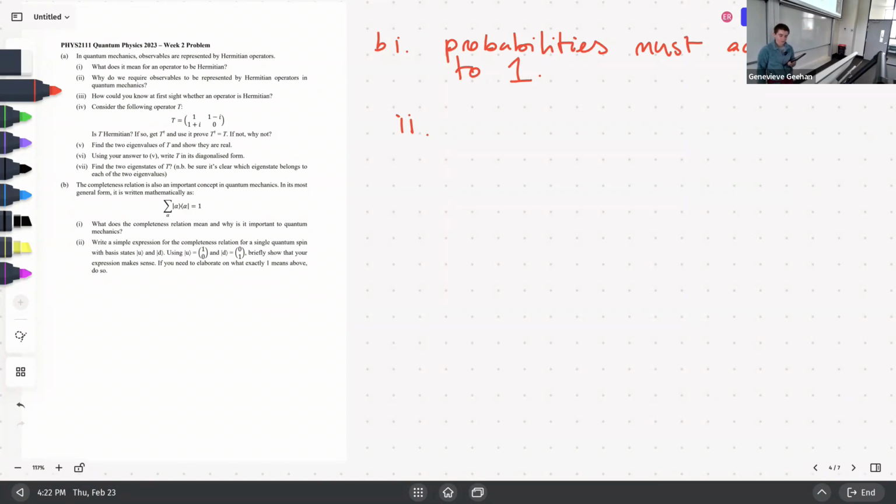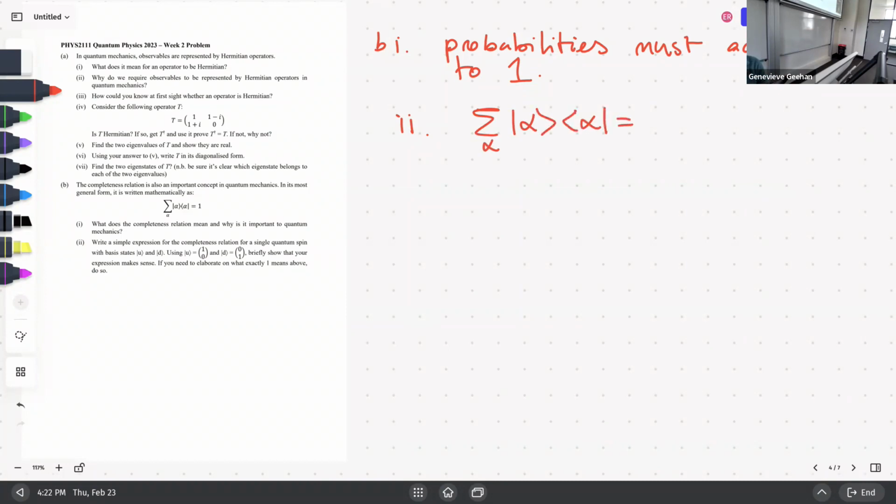Okay. So last question, everyone got this right, I think. Basically, we're just showing the completeness relation for this system. So we have the eigenvectors for up and down, and we have this equation for the completeness relation.